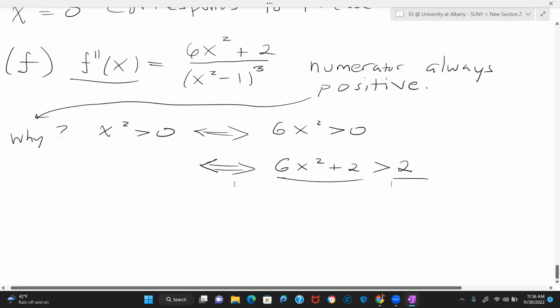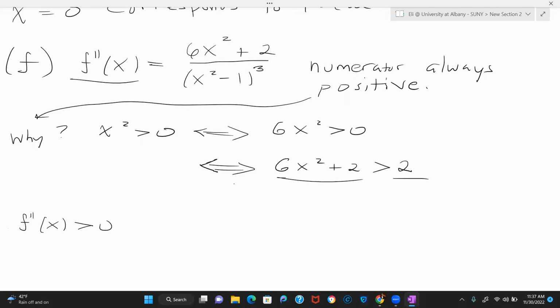All right, so now to determine the sign of the second derivative, we just need to look at the denominator and see where that's positive or negative. So f double prime is positive if and only if the denominator is positive.